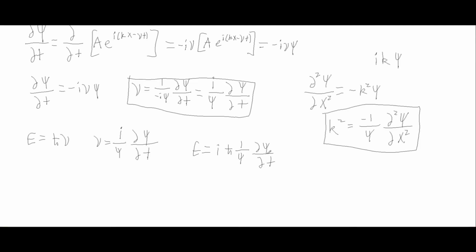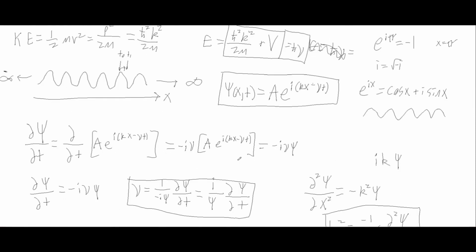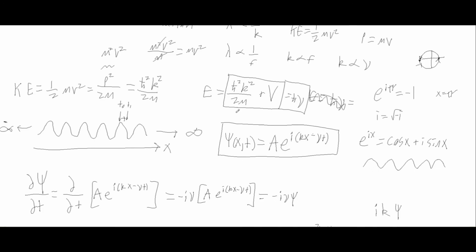And since we know that E is equal to h bar squared k squared over 2m plus v, which is what we discovered up here. So this comes from what we found out up here.